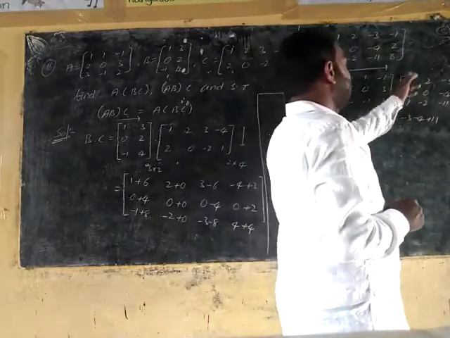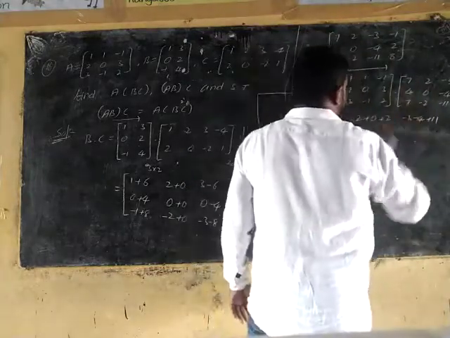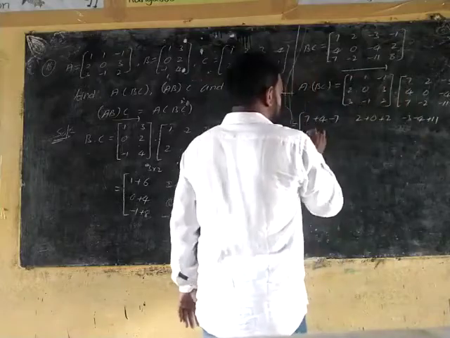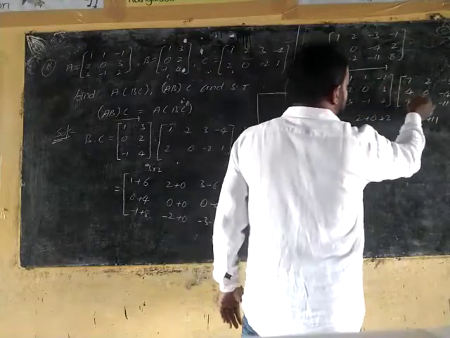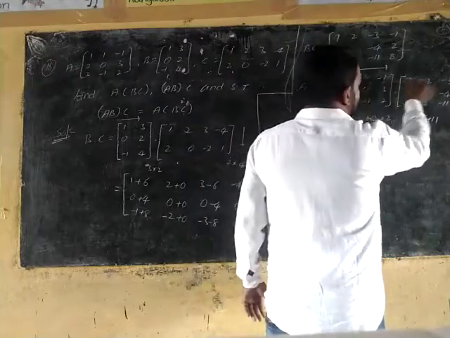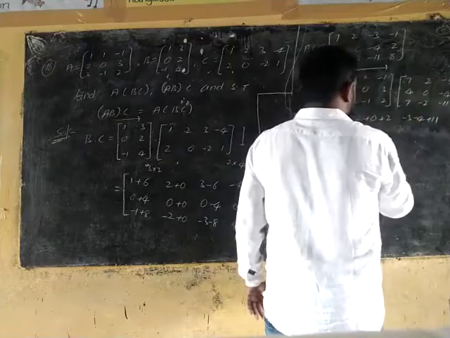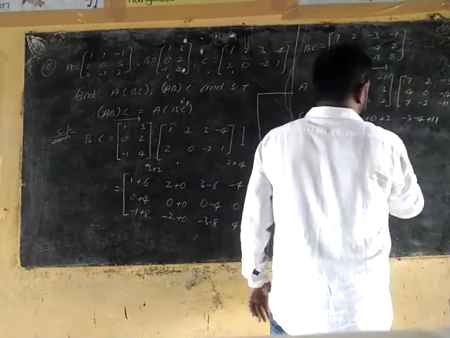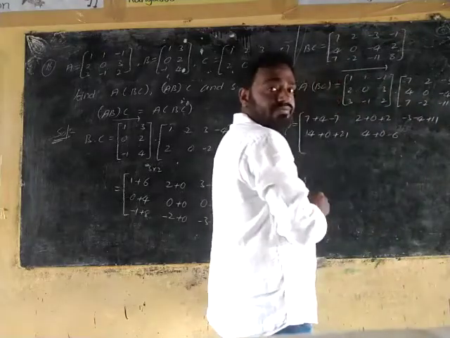Now the second row will multiply with all the columns. Second row with first column first: 2 into 7, 14. 0 into 4, 0. 3 into 7, 21. Next, 2 into 2, second row, second column: 2 into 2, 4. 0 into 0, 0. 3 into minus 2, minus 6.